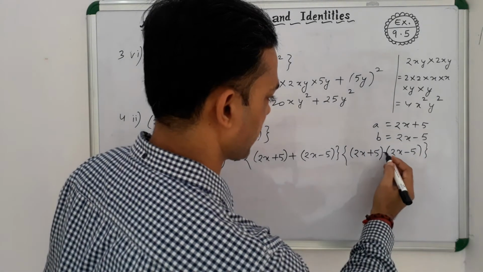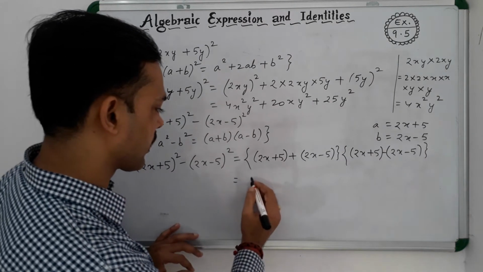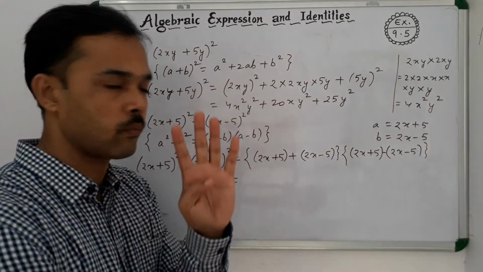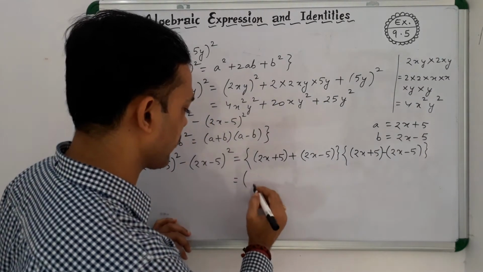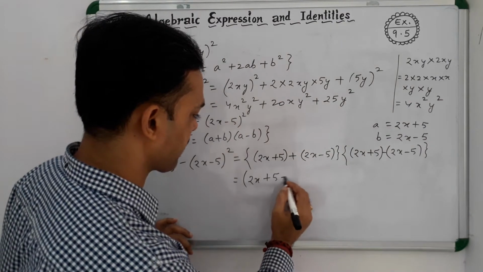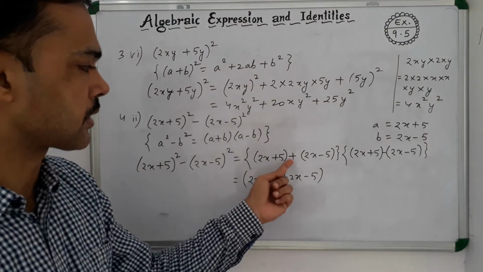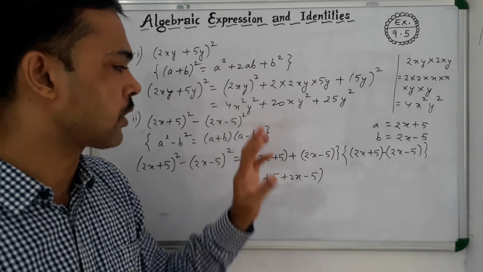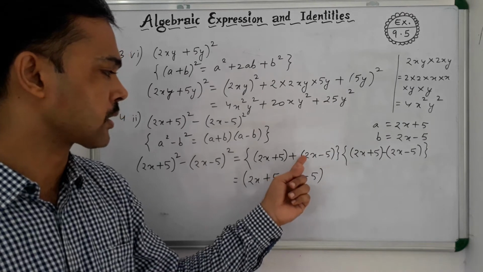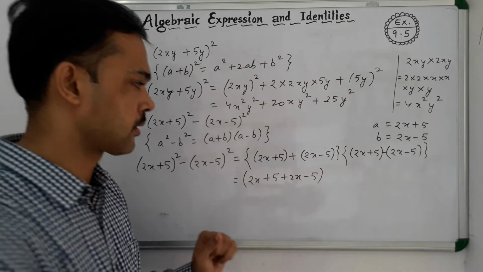In between there will be minus sign. Then let us arrange. So 2x plus 2x will be 4x, or we can do it in next step also. Plus 5 plus 2x minus 5. Why? Because you know that since it is plus sign outside, so sign will not change. Whatever sign will be inside the bracket we will put same. Here it is no sign means plus, so it is plus. Here it is minus, so I have written minus.